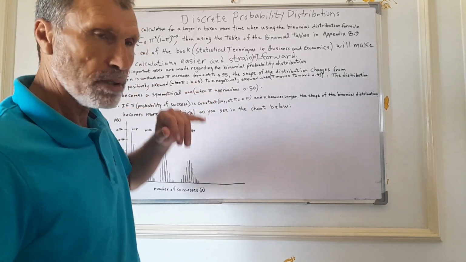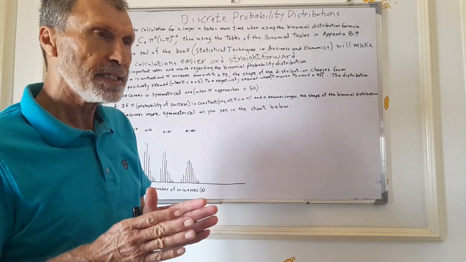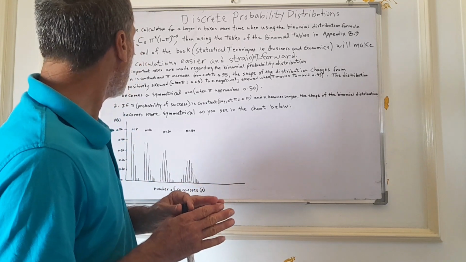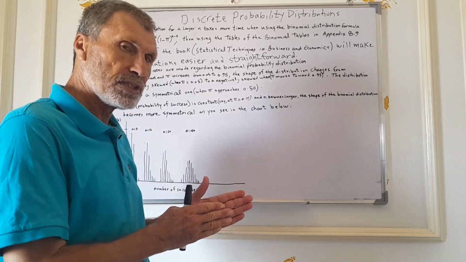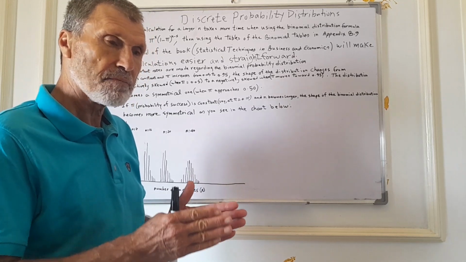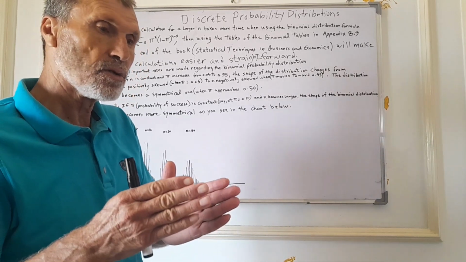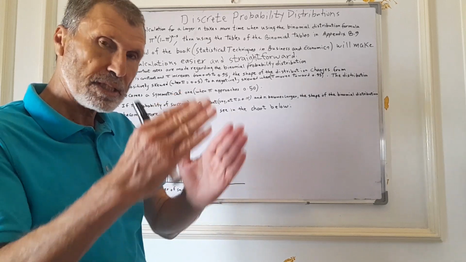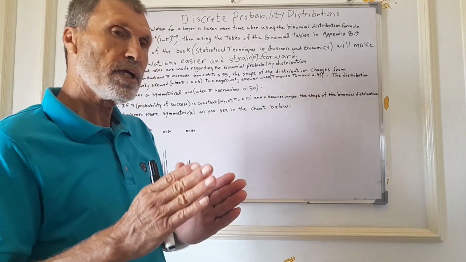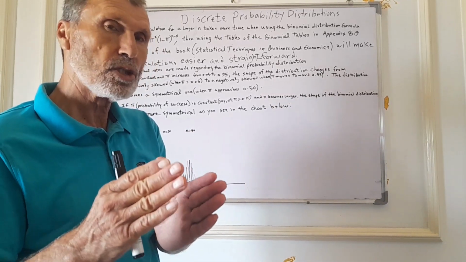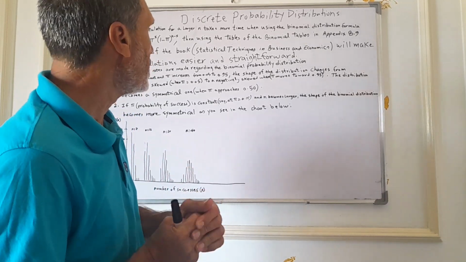So as we can see, the shape changes from positively skewed when pi is about 0.05, to normal or symmetrical when n is fixed and pi is about 0.5, and then when pi increases to about 0.95 and n is fixed, the distribution becomes negatively skewed.